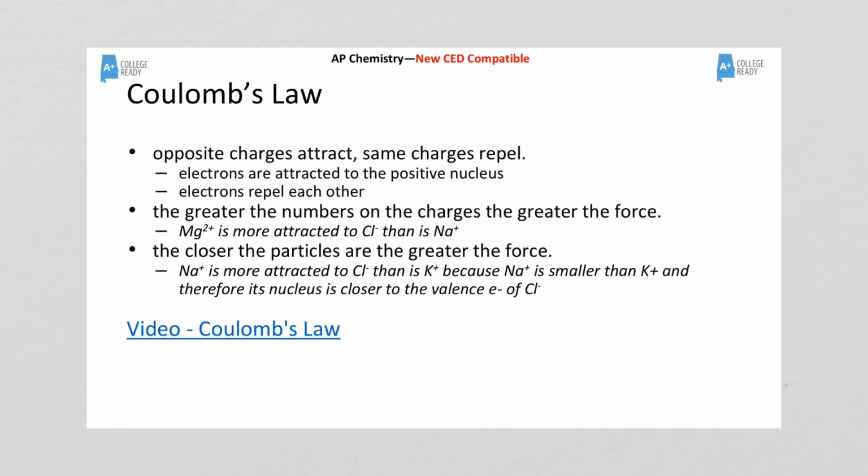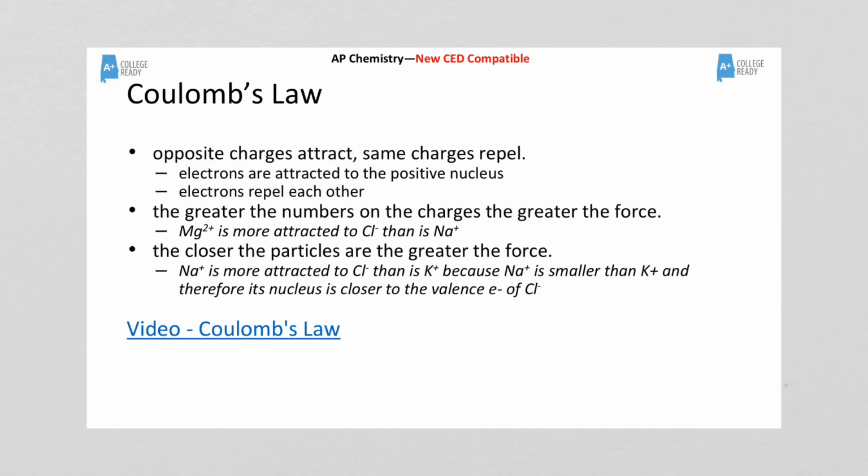Opposite charges attract, same charges repel. Okay, so electrons are attracted to the positive nucleus, but electrons do repel each other. And that already came up once when we were talking about the atomic size and ionic size difference between a neutral atom and an anion. And then the second point is the greater the numbers on the charges, the greater the force.